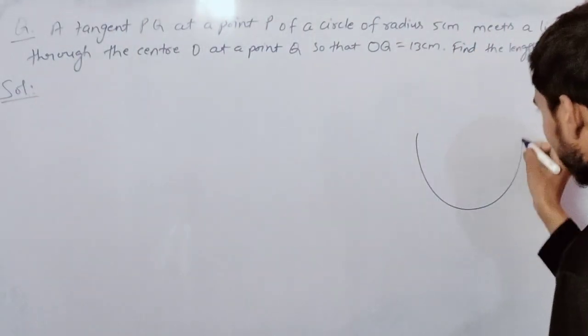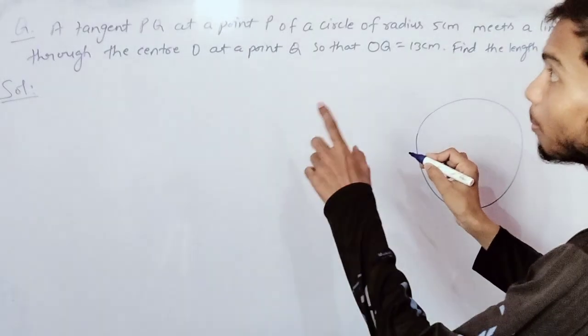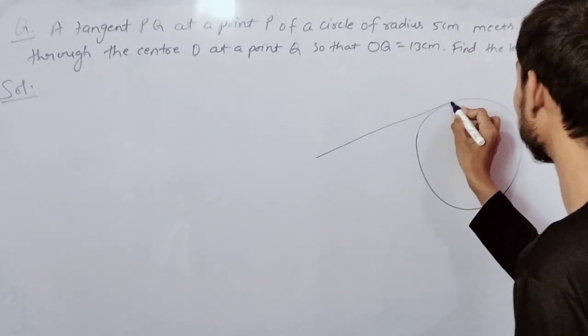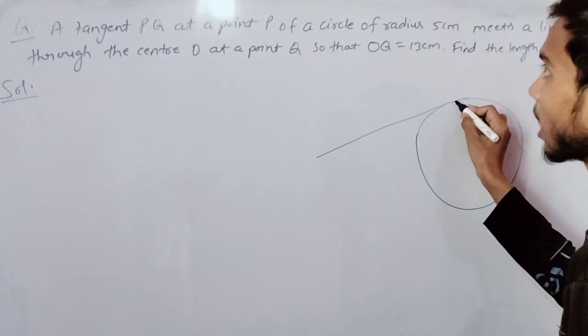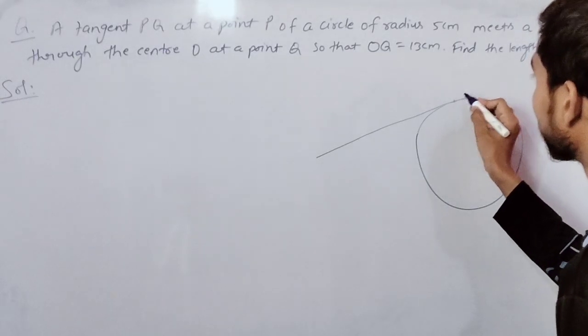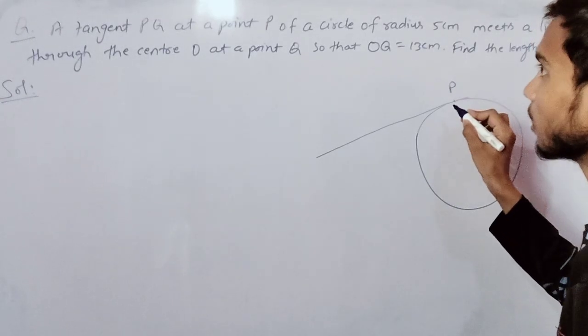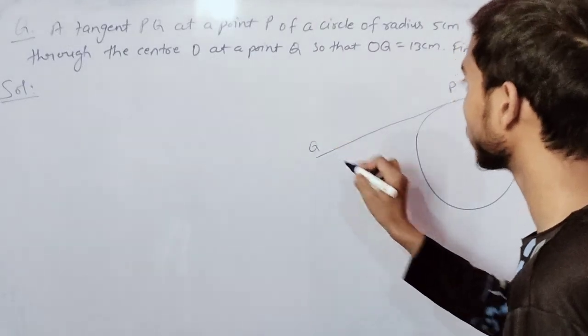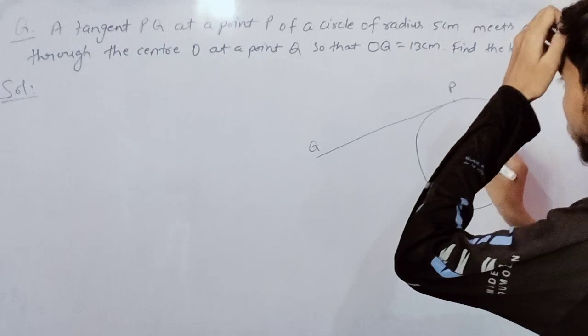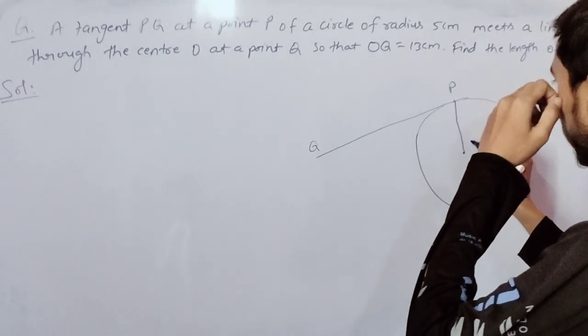There is a circle. PQ is a tangent, like that. So at P of a circle, we will consider this P. If this is P, of course this will be Q. Of radius 5 centimeter. So the radius is 5 centimeter.